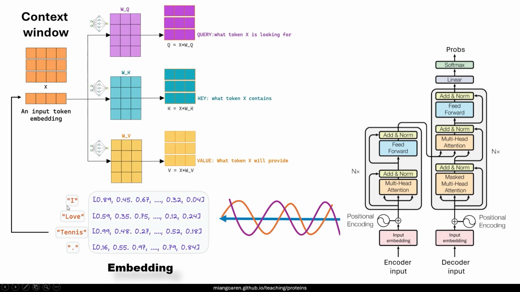As you can see here, we are not just modeling a single word, but in this case, "I love tennis" and a period. So we are modeling 4 words at a time. When we use this neural network or matrix, we are going through multiple inputs, and this is known as the context window, the number of words or tokens that are processed in a single stroke during this process of extracting contextual information from the tokens.